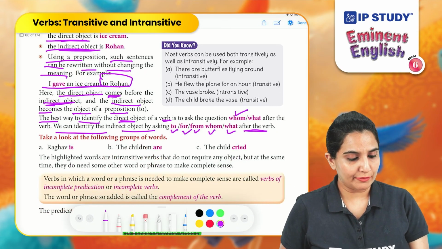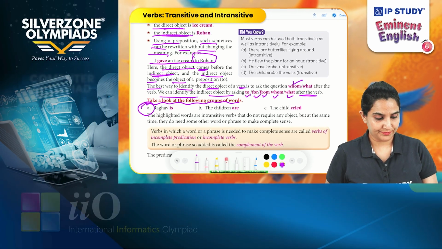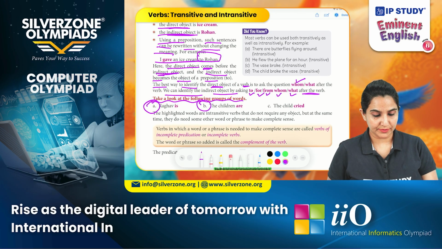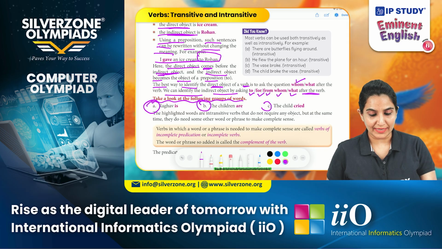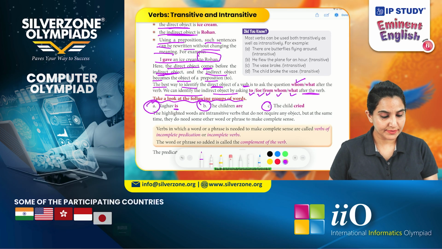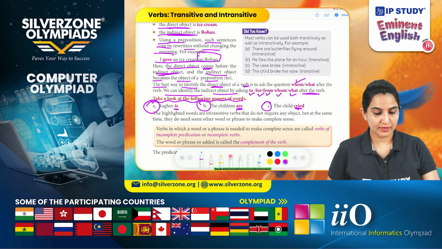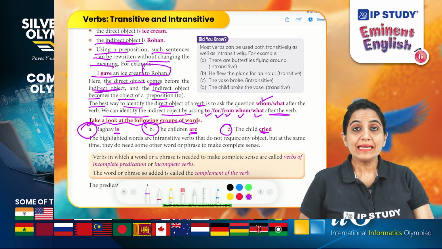Let's take a look at the following group of words. Raghav is, the children are, the child cried. The highlighted words is, are, cried are intransitive verbs.